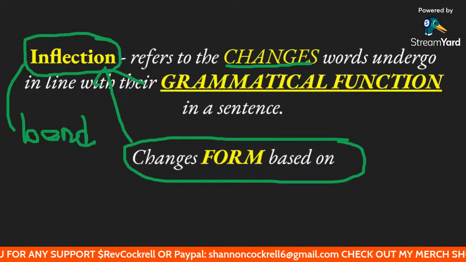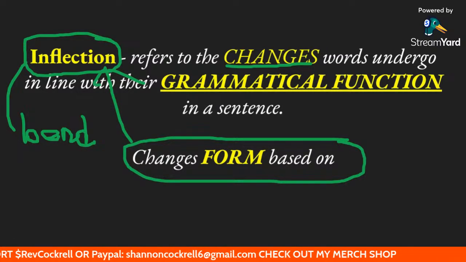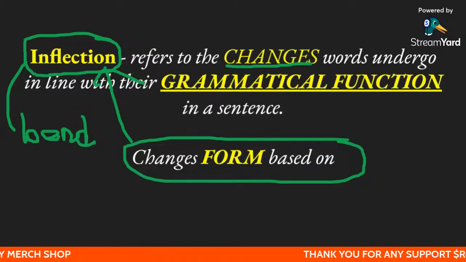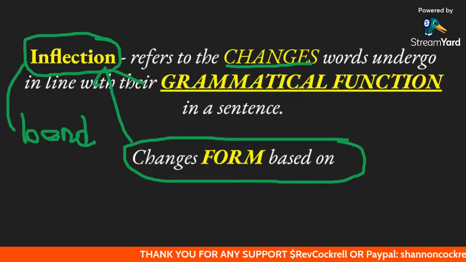A verb makes a statement about a subject, right? So I am an apostle. Or it could transfer action to an object. I see an apostle. So I see something, and that something that I see would be the direct object.